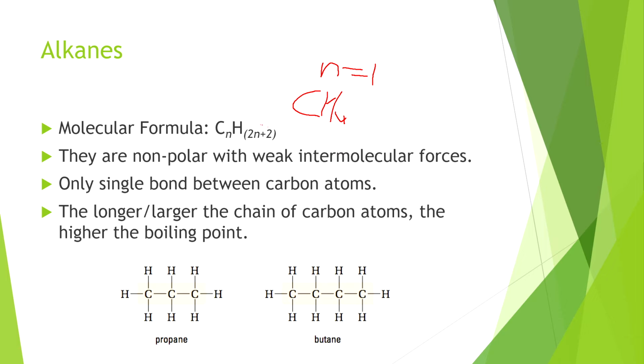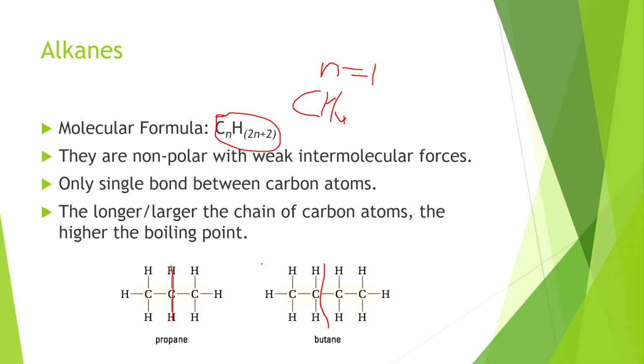So basically, this is just a relationship between the number of carbons and the number of hydrogen atoms. From these examples illustrated below, we can see that alkanes are non-polar since they are symmetrical. That means that they have weak intermolecular forces, since strong intermolecular forces such as dipole-dipole require polar molecules.